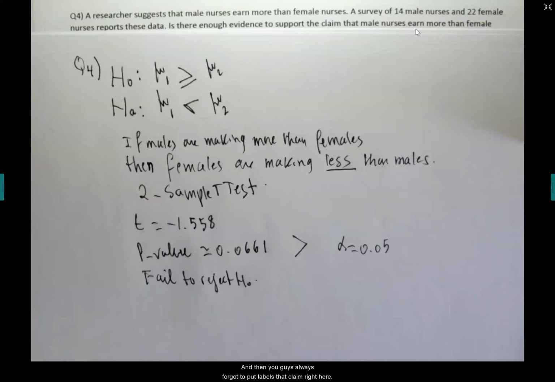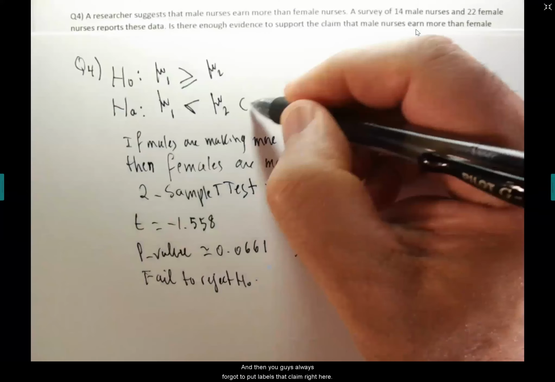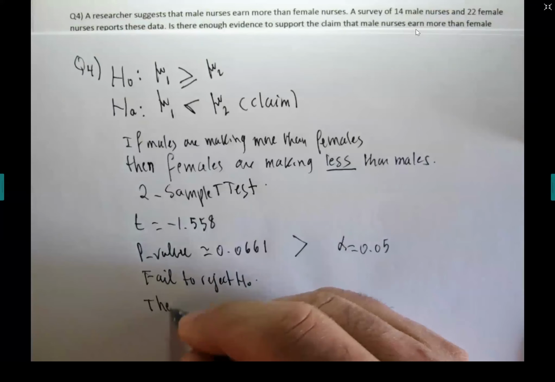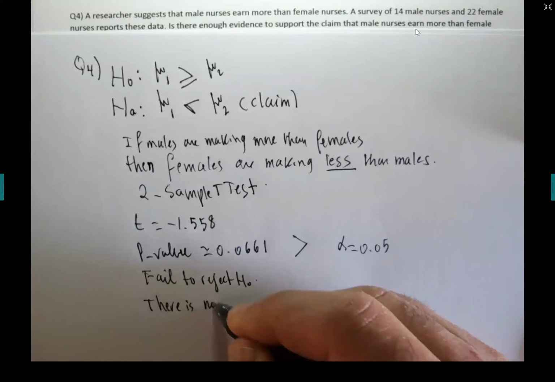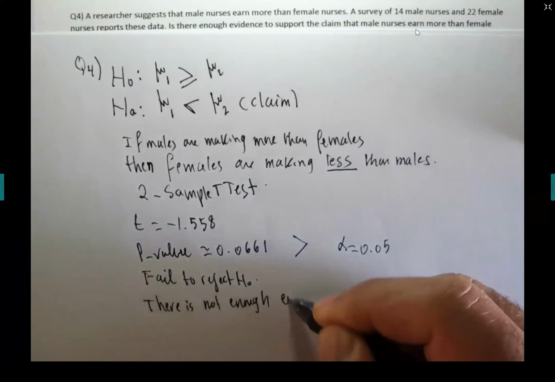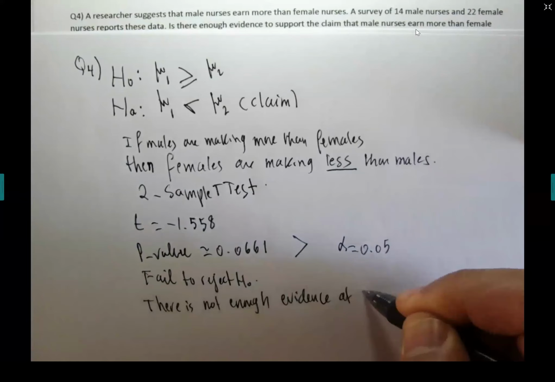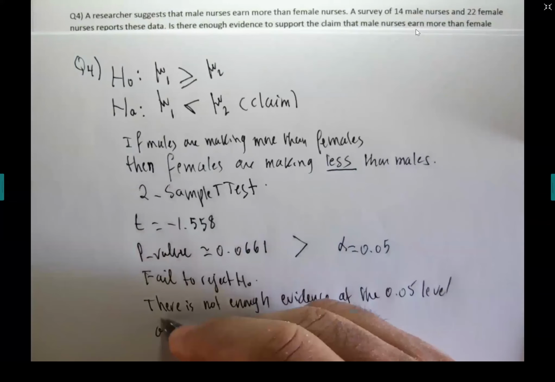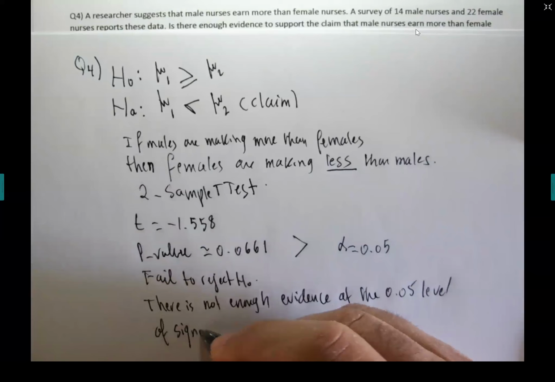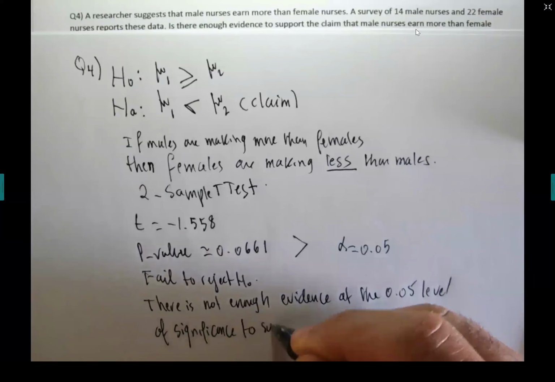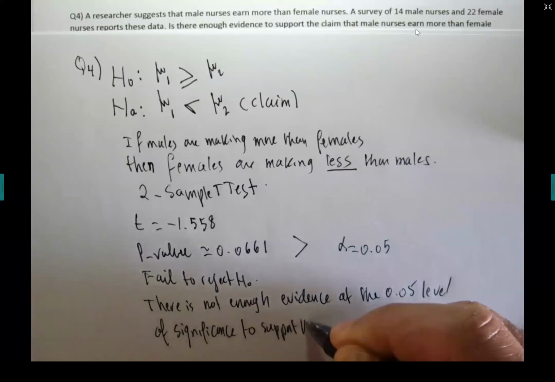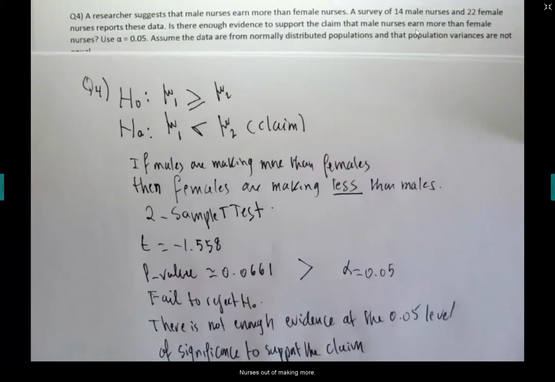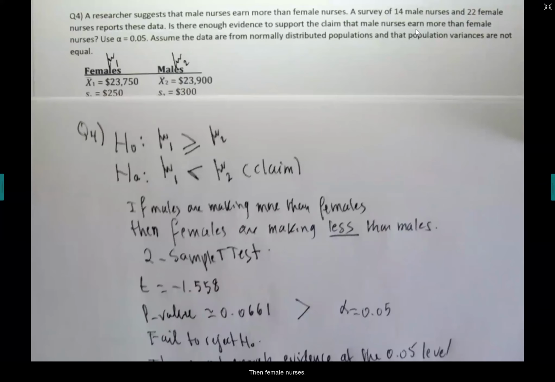And then, oh, we forgot to label the claim right here. So there is not enough evidence at the 0.05 level of significance to support the claim that male nurses are making more than female nurses.